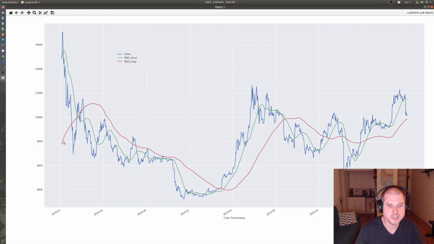Now, as you can see, the parameters make a huge difference in terms of how these plots look. And an important thing to notice is that sometimes the moving average plot lines cross over each other. So, as I told you, this is a simple moving average crossover strategy.